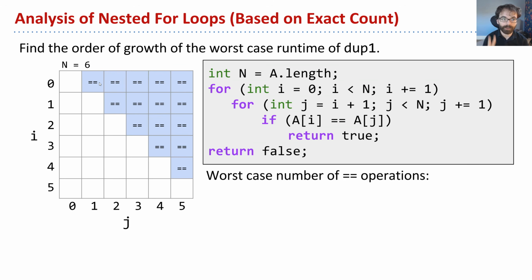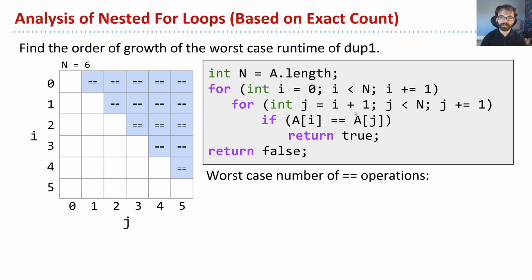So there's two ways to interpret this. Okay, and I'm showing the example for n equals 6. One is, well, which elements get compared? Well, elements 0 and 1 get compared, 0 and 2 get compared, 0 and 3 get compared, 0 and 4 get compared, and so forth. Or the alternate interpretation is just to look at the code and say which occur. So if i is 0, j will be 1, 2, 3, 4, 5.